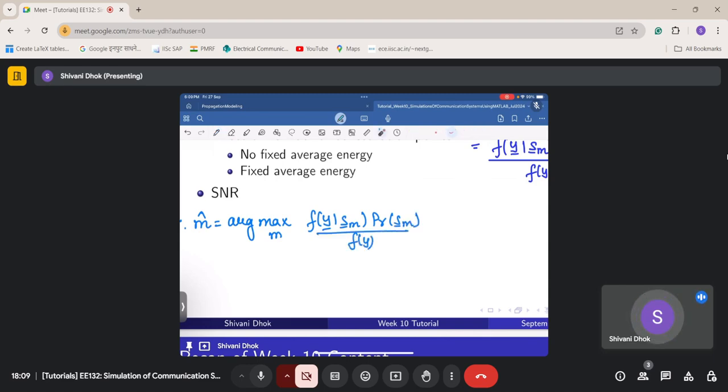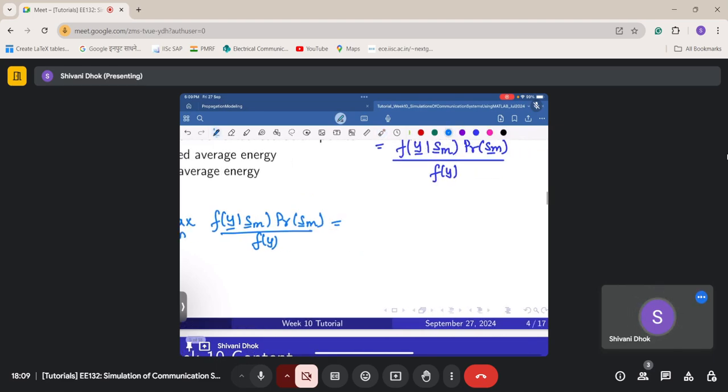Now this f of y is common for all m and independent of m. So this we can write as arg max over m of f of y given s_m times the probability of s_m.